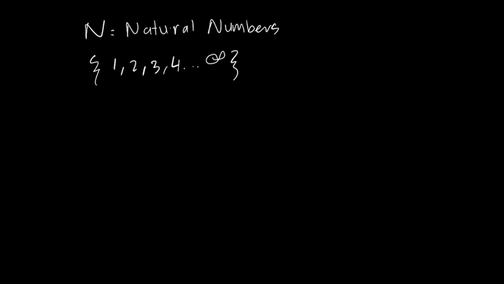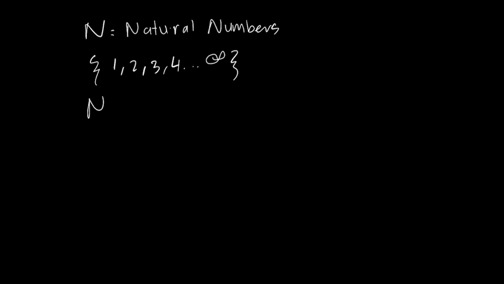Before we go to the next symbol, I need to talk about the designation of the symbol. When we designate a symbol, let's say N with a 0, this is called a designation. So this 0 means that this natural number set starts with 0, and you might see this a lot.